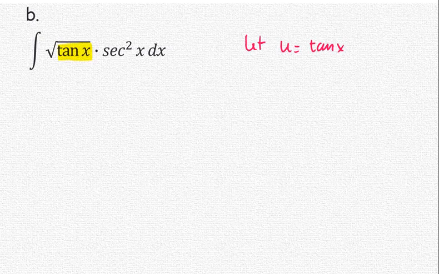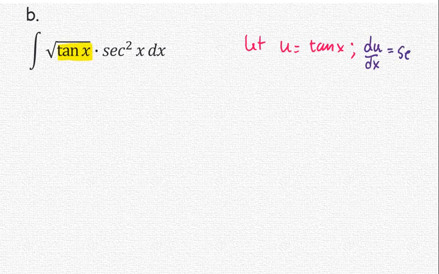So let u be tangent x, and then we're going to take one step at a time to get the differential du, starting with the derivative of tangent x. The derivative is secant squared x.